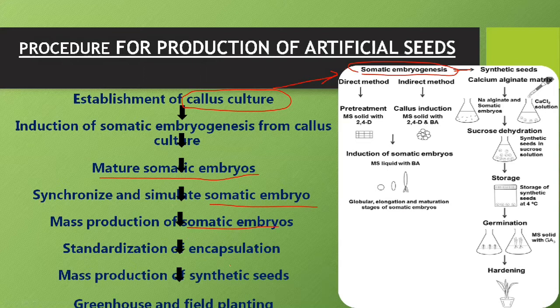Then, using standard encapsulation methods, these somatic embryos are encapsulated with the help of different gels, and synthetic seeds are finally produced. Then they are released to the greenhouse for field trials. This is the basic procedure as given in the flow chart of somatic embryogenesis.